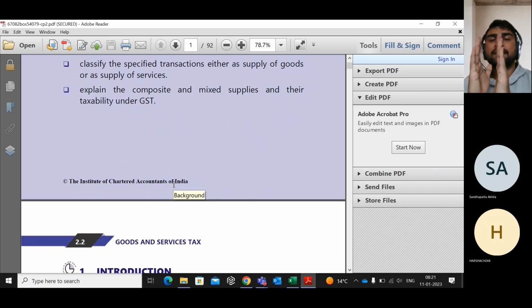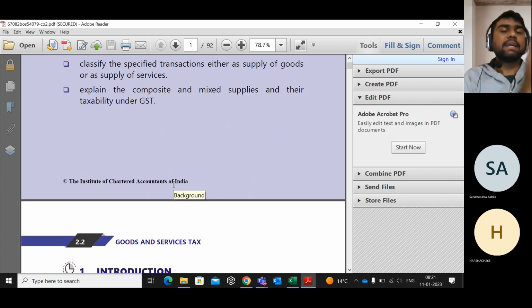That will fall under the includes category. And supply excludes: in general, if you see, it is a supply, but for the GST purpose, it is not treated as supply. That is excludes. Supply means, supply includes, supply excludes.